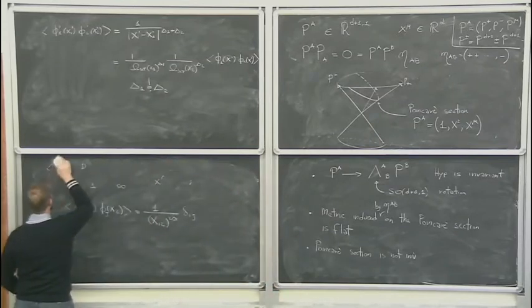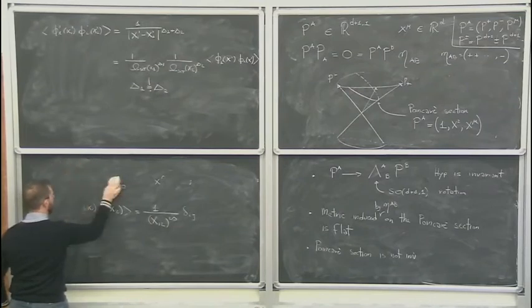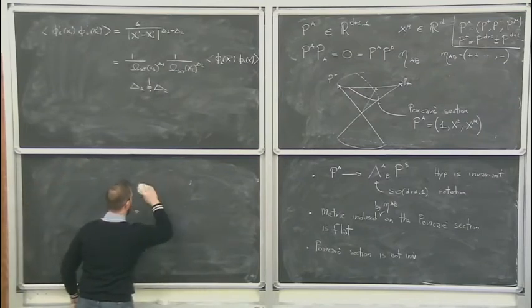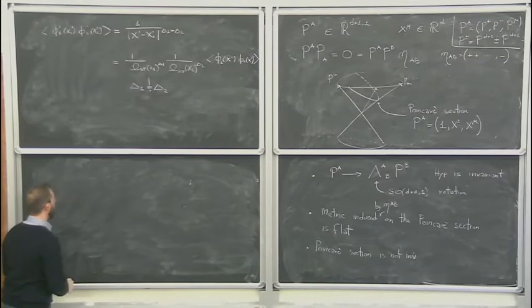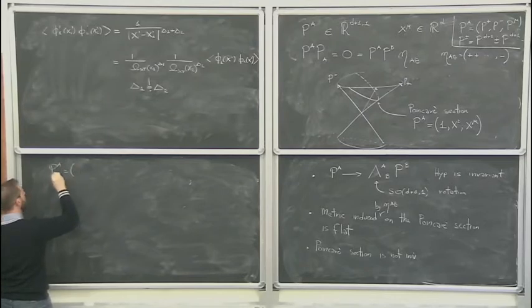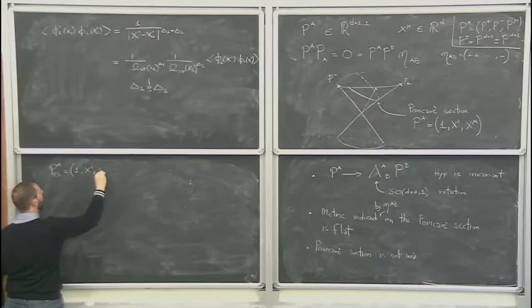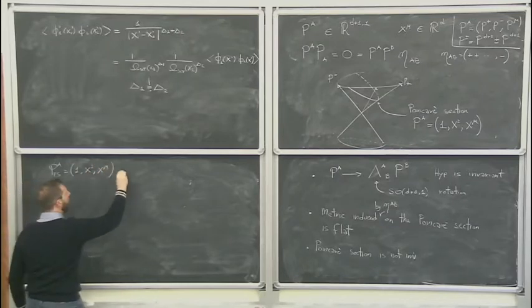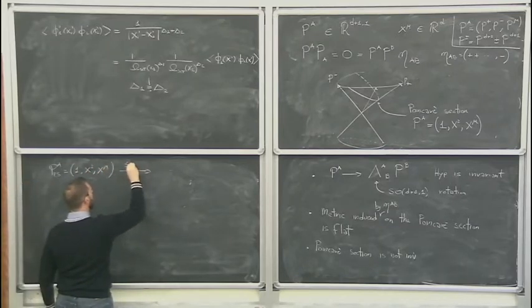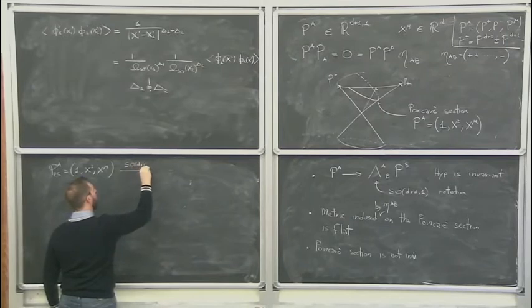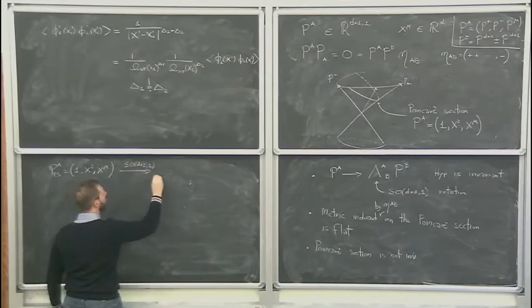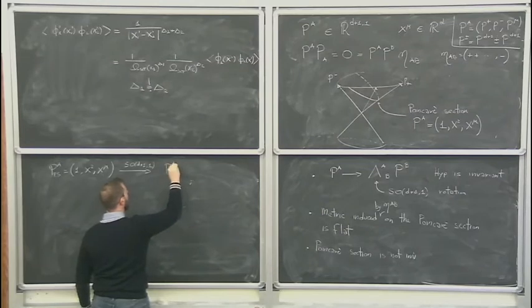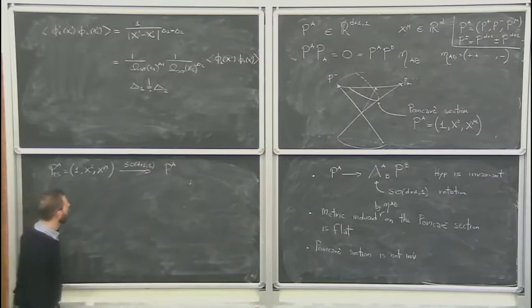To put it in formulas, we start from P^A, which is on the Poincaré section, which is (1, x squared, x^mu). We act with the rotation, and we obtain a P^A which is not in the Poincaré section.